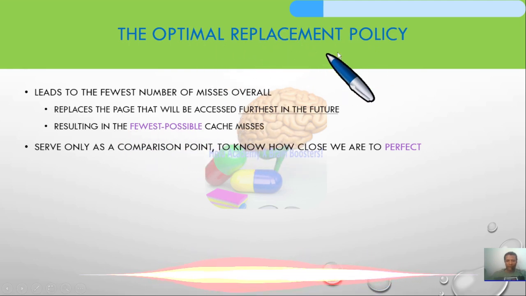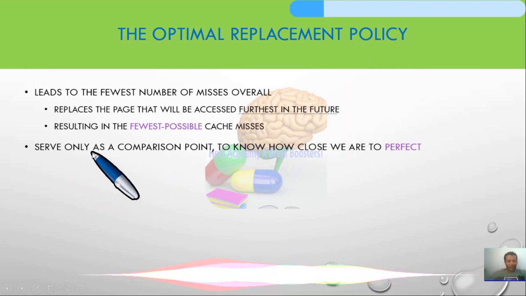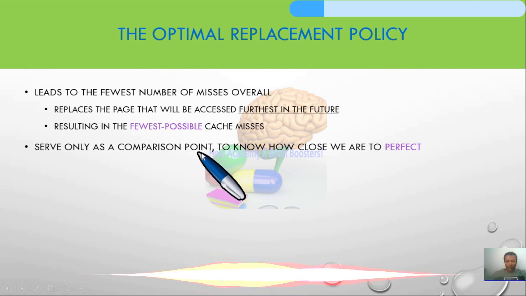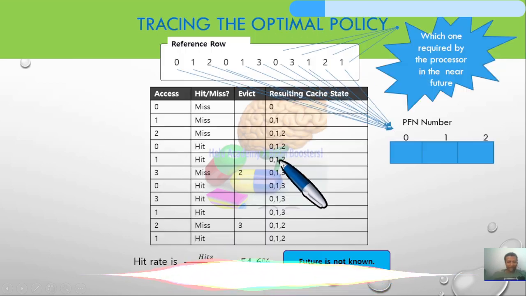It serves only as a comparison point to know how close we are to perfect, so we use it as a standard.